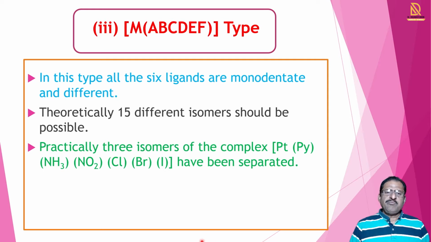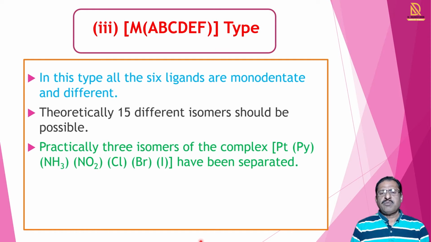Then the third type, MABCDEF type. MABCDEF type means all the 6 ligands are different. And when all 6 ligands are different, then theoretically 15 isomers are possible.